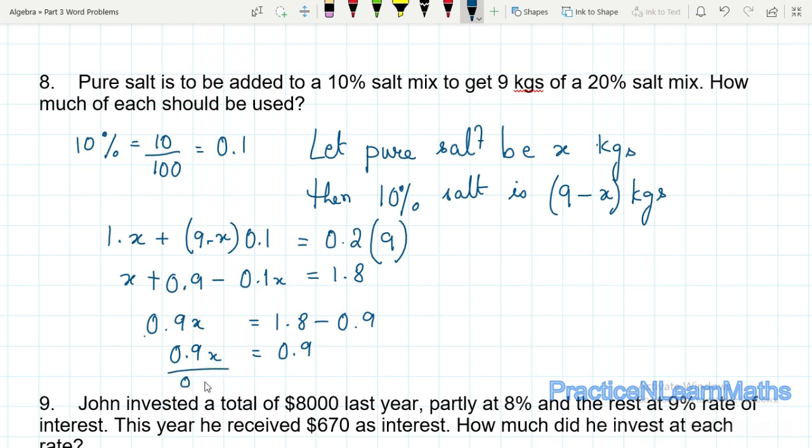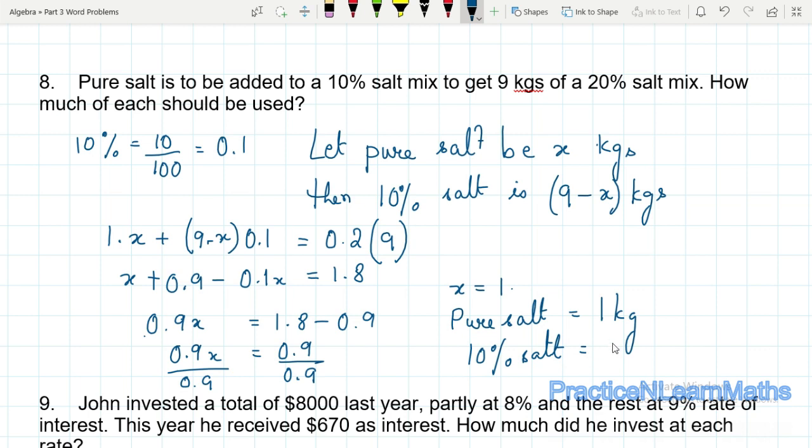Dividing both sides by 0.9, we get x is equal to 1. So pure salt is 1 kg and the 10% salt mix is equal to 8 kg. And that's the answer.